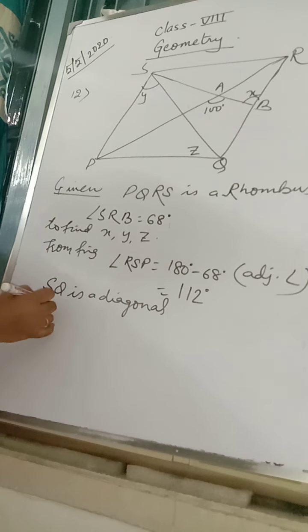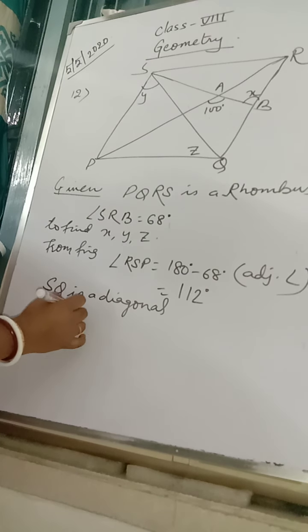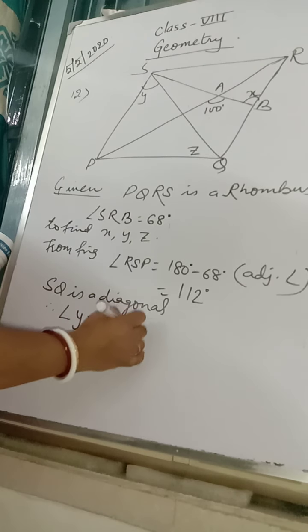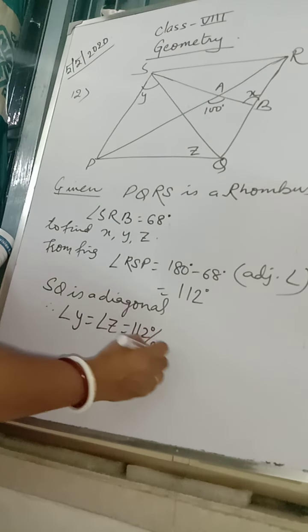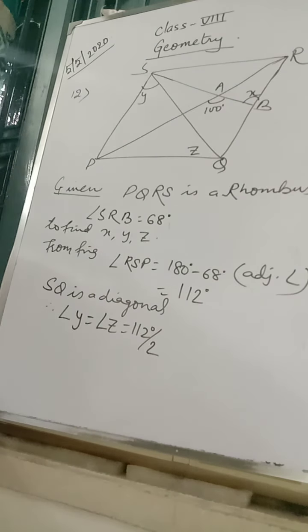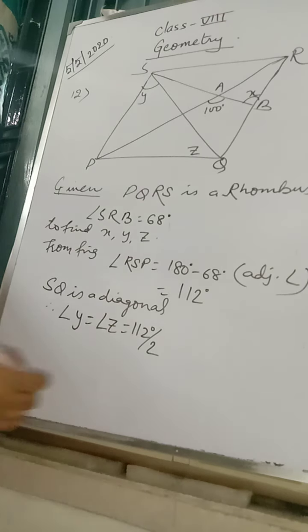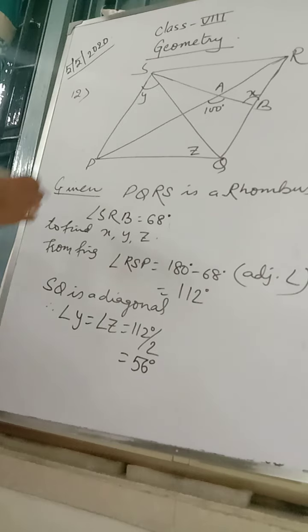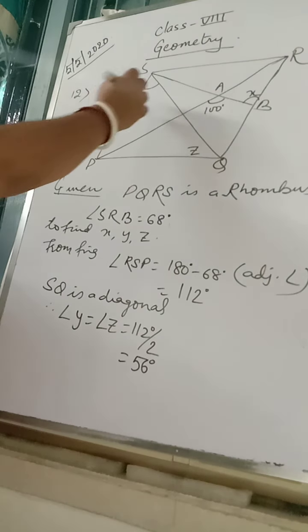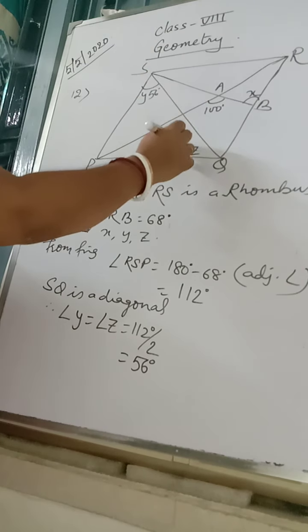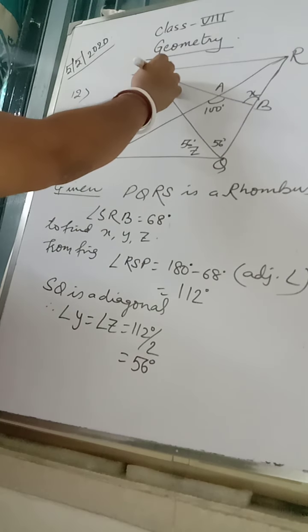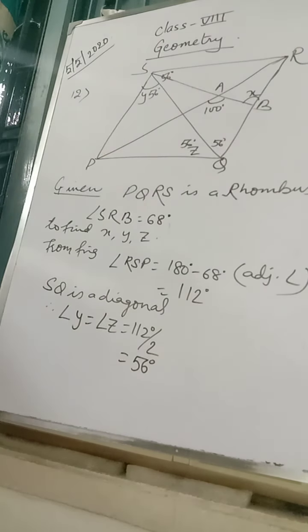So angle Y is equal to angle Z is equal to 112 degrees by 2, as diagonals bisect the angle. This gives you 56 degrees each. Y we got 56, Z we got 56, because this is also 56, this is also 56.